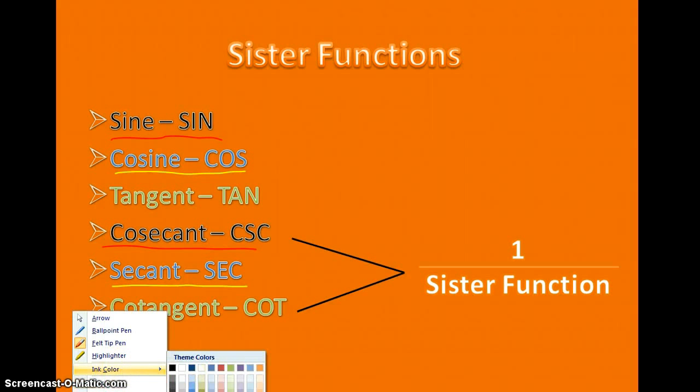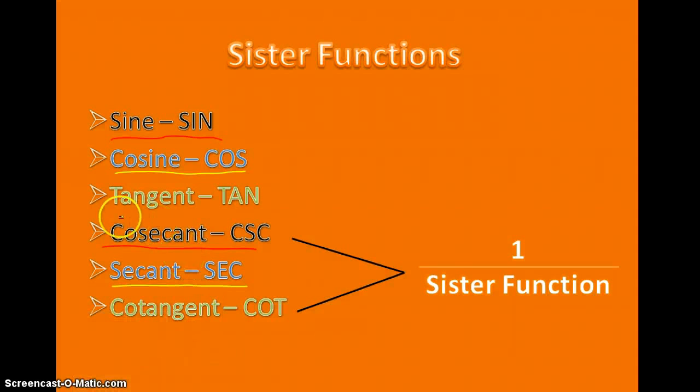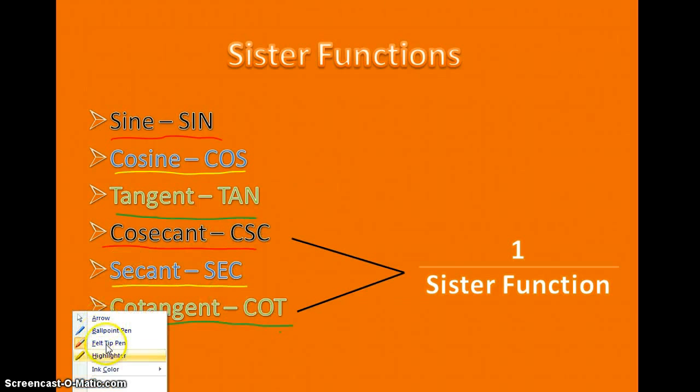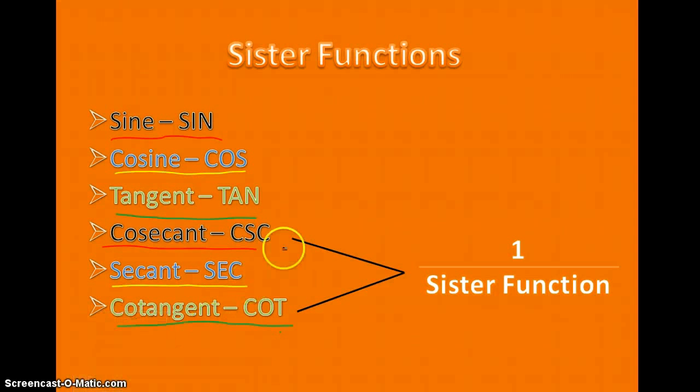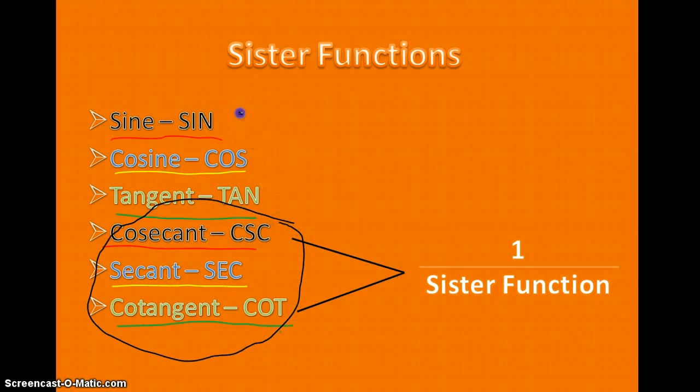And third and finally, we have tangent and cotangent, which are very easy to remember that they go together. To find the bottom 3, we must first know these 3.